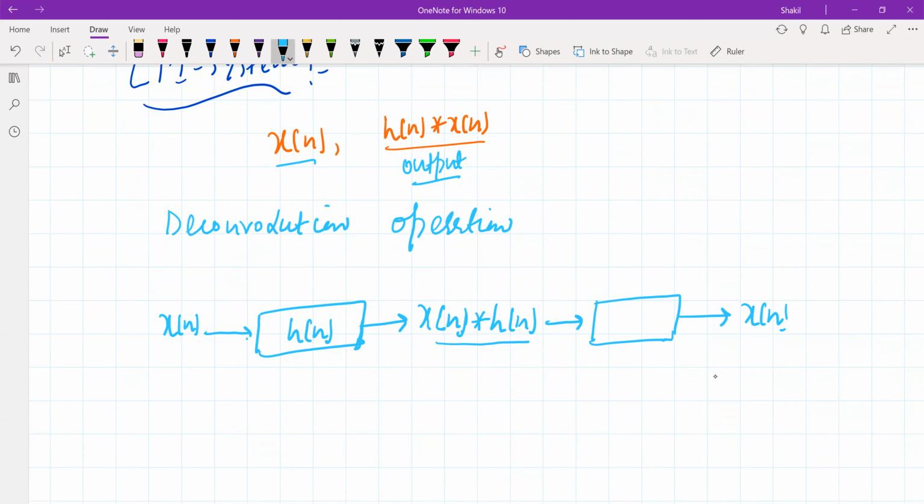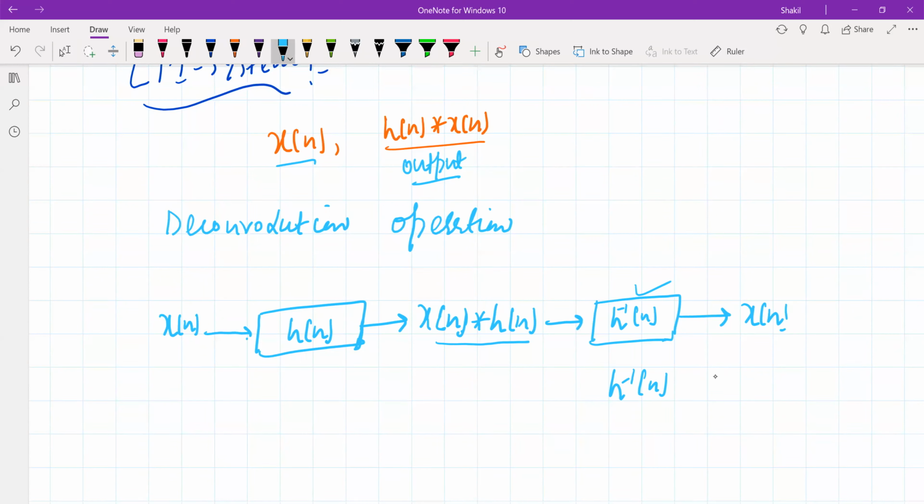Let me denote the impulse response of this system by h inverse of n. Please remember, this minus 1 does not mean it is the inverse of h of n. It's not an inverse of the signal h of n. It's simply a notation for the impulse response of this system.